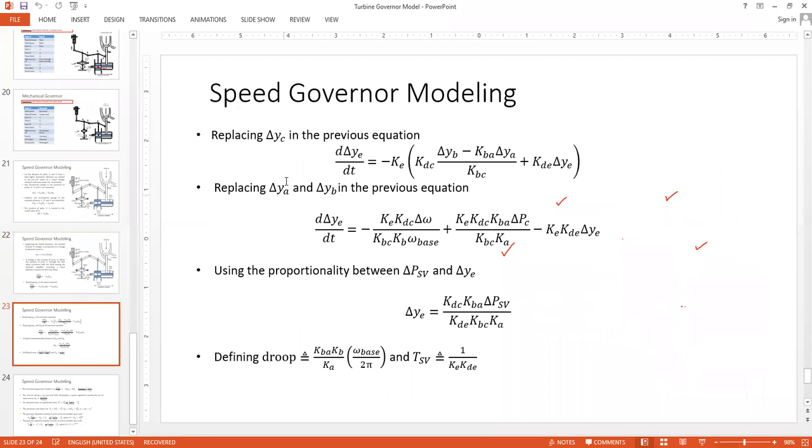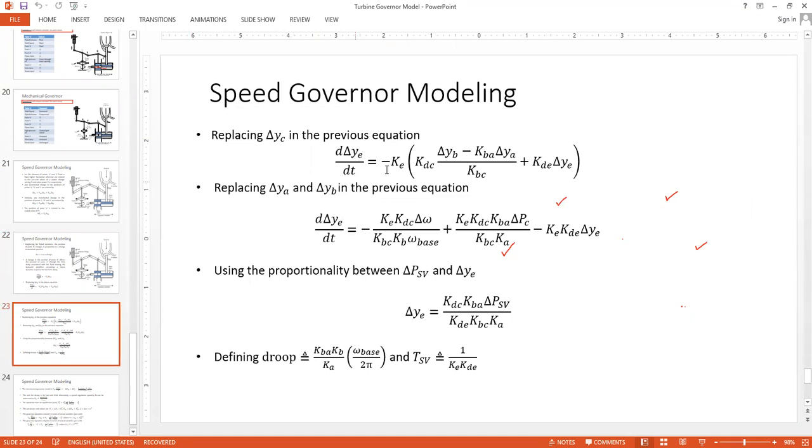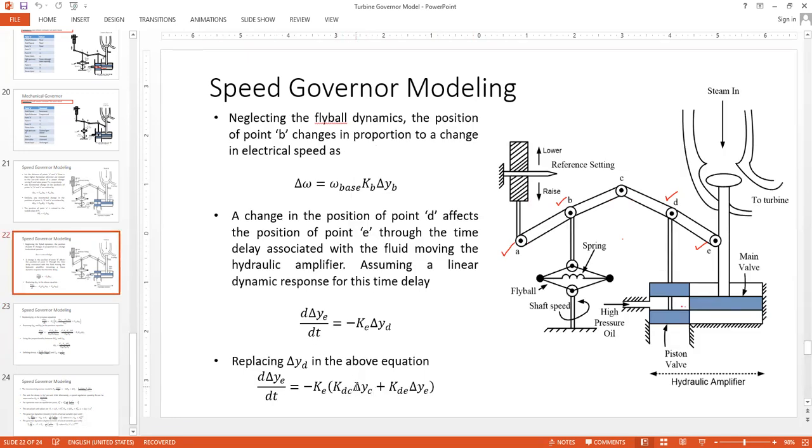Next, we replace del yc. So what is del yc? Del yc can be written, of course, in terms of del yb and del ya. So del yc can be replaced like this from the first equation. So we have kdc del yc plus kde del ye, and overall that is multiplied with ke.